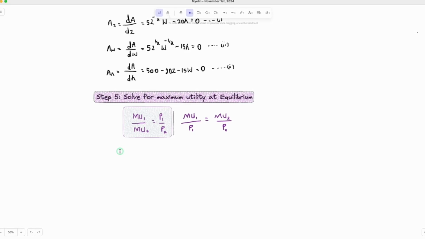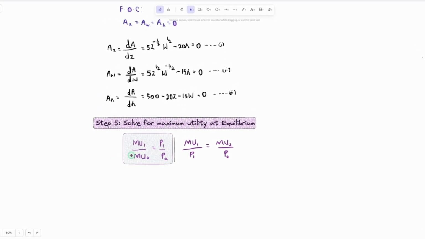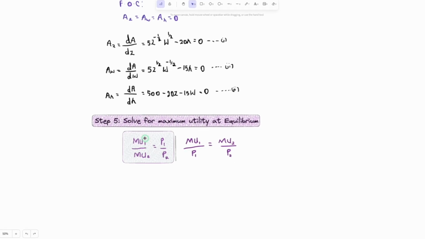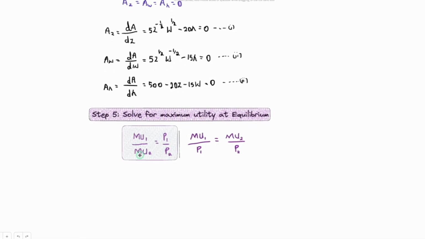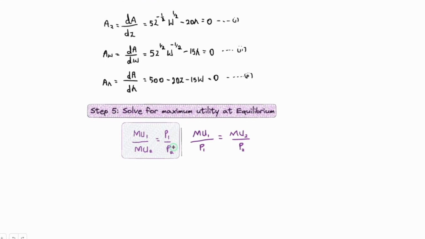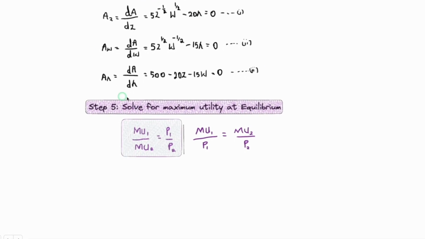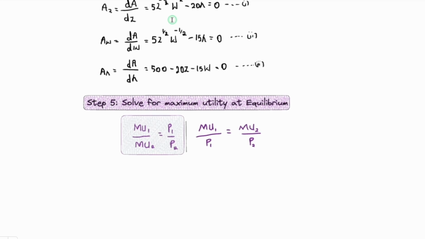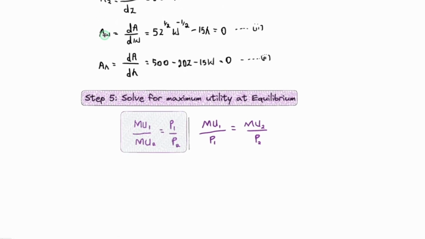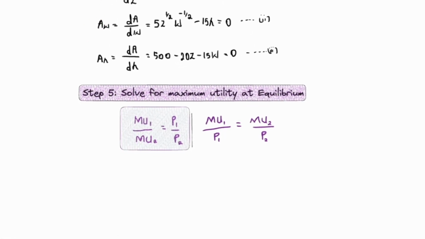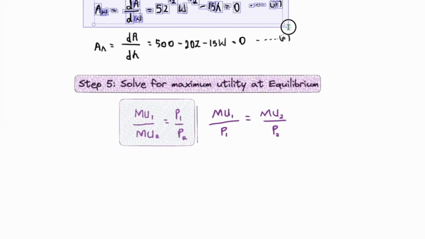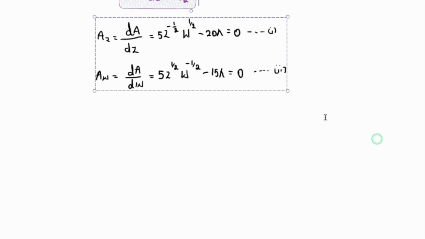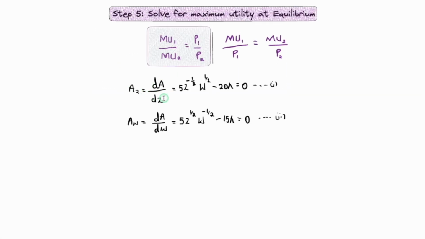Now it's important to understand what is represented by these variables we're mentioning: marginal utility of the first, marginal utility of the second, price of the first, price of the second. What are they when we look at this equation? To understand what they are, we are going to consider the first two equations, that's equation 1 and equation 2, in our solution here.